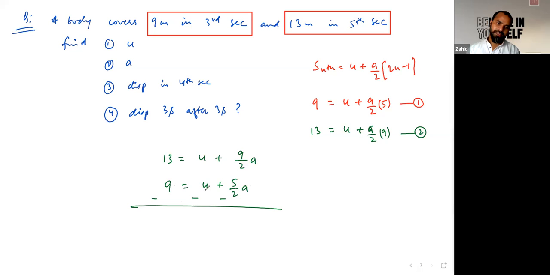So u and u become cancelled out. 13 minus 9 is 4, and u minus u becomes 0. 9 over 2 minus 5 over 2, and a becomes common. So 9 minus 5 is 4, over 2 is 2. So it becomes 4 equals a times 2. On solving, a becomes 2 meter per second squared.